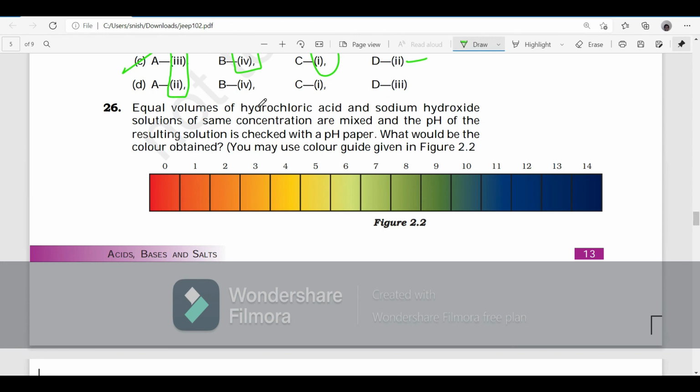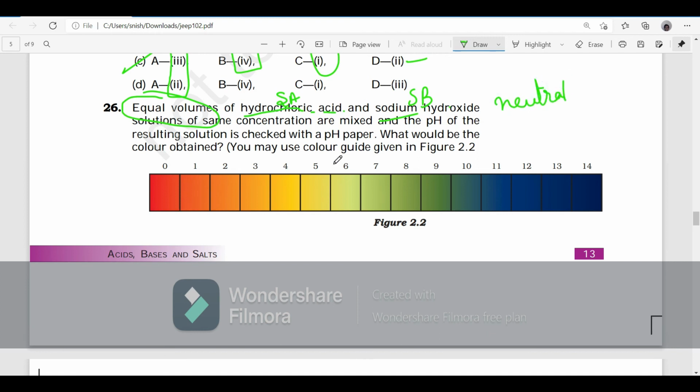Equal volumes of hydrochloric acid and sodium hydroxide solutions of the same concentration are mixed, and the pH of the resulting solution is checked by a pH paper. So what would be the color obtained? Actually, when you take equal volumes of a strong acid and a strong base, it will yield a neutral solution.